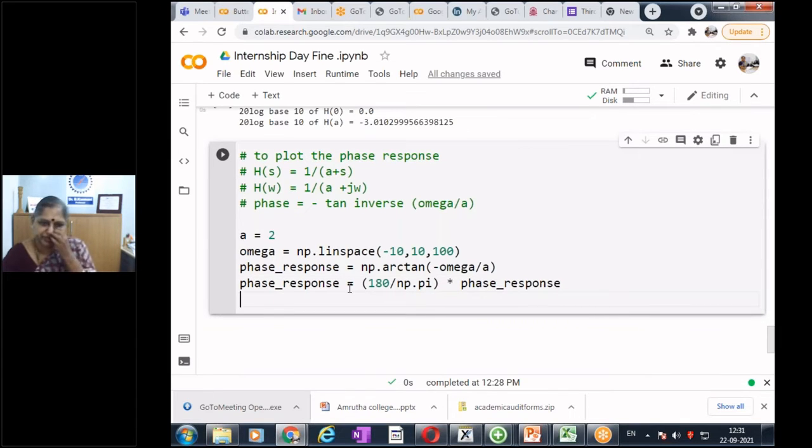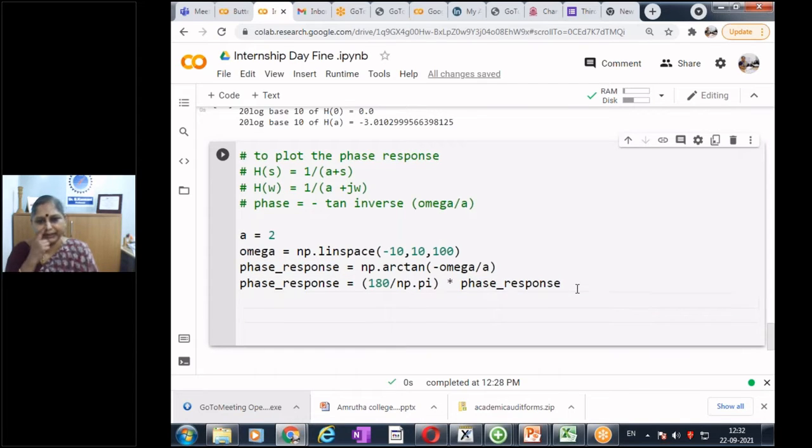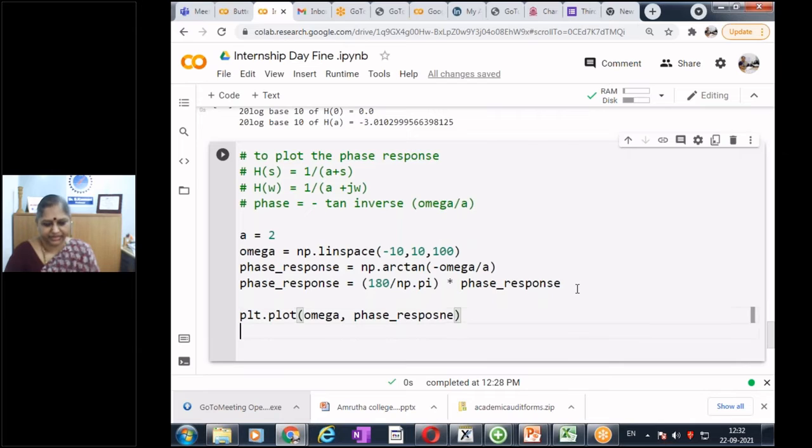Of course, you can simply use the in-place operator, but let us have it this way so that it's clear. And then let me plot plt.plot omega versus phase response. And once again, you keep giving the title. What's the title?